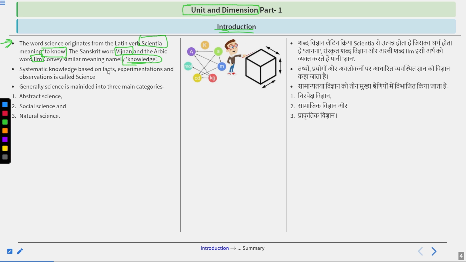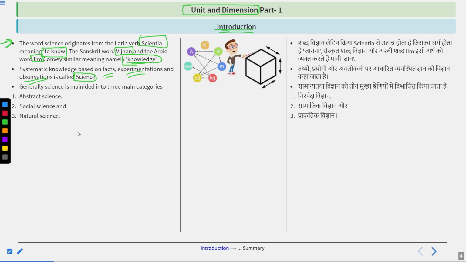Systematic knowledge based on facts, experimentations, and observations. Facts, experimentations, and observations. And when we talk about these things, we are actually talking about science.